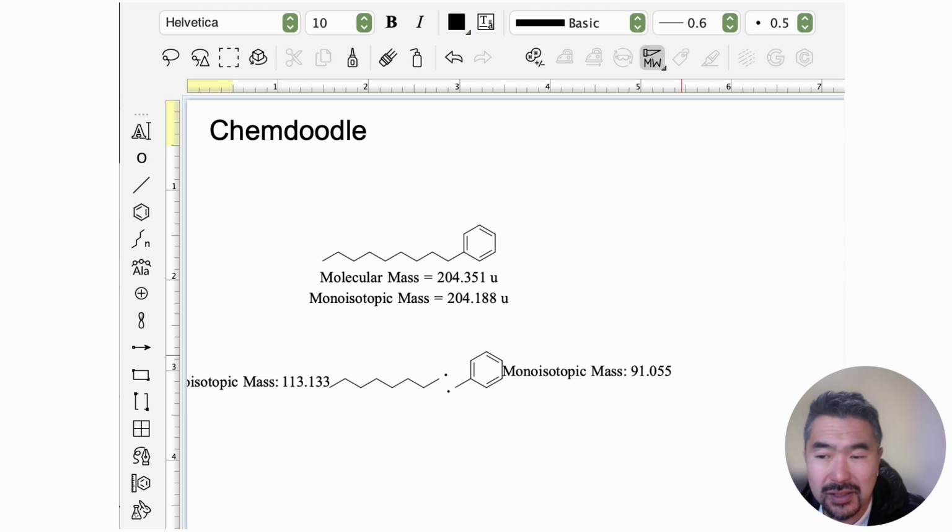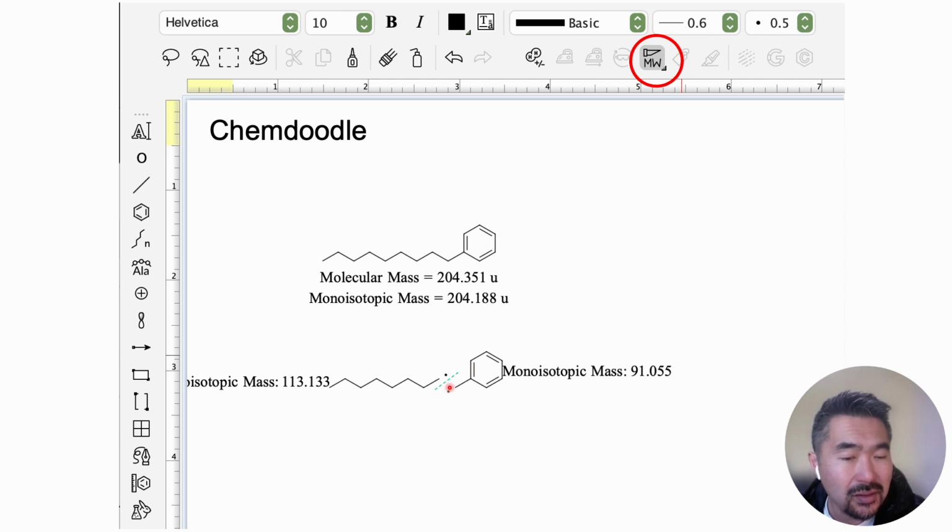Here's a tool that's really useful for that. I think everybody should have access to ChemDoodle, the software. You should be able to get the molecular mass as well as the monoisotopic mass of any molecule you draw, and I'll explain how you get to that in a second. But the tool that I want to draw your attention to is this tool. It says molecular weight, or MW.